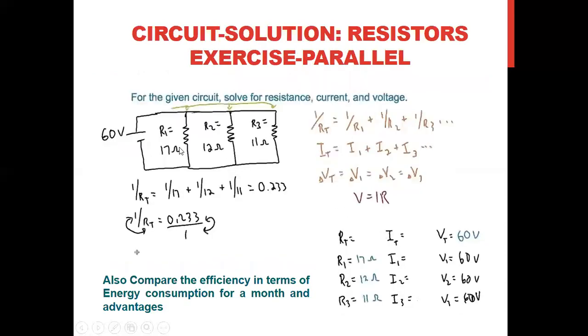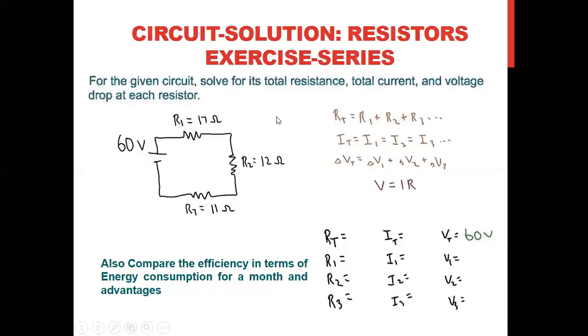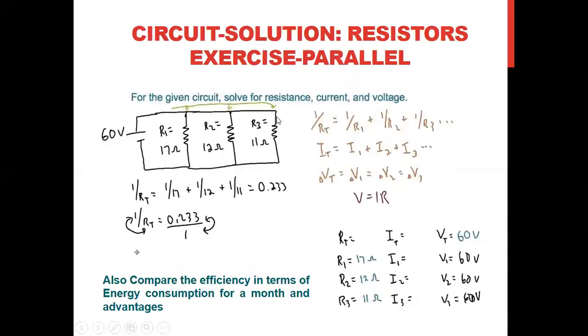Similarly, this one for parallel. So for parallel, the same circuit with the same resistive values, but connected in parallel. These 3 are together in one node, one point. Here also these 3 are together in one node, as we mentioned before. So for the total resistance, 1 by RT equals 1 by R1 plus 1 by R2 plus 1 by R3.